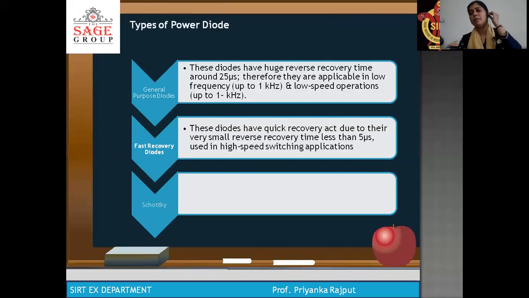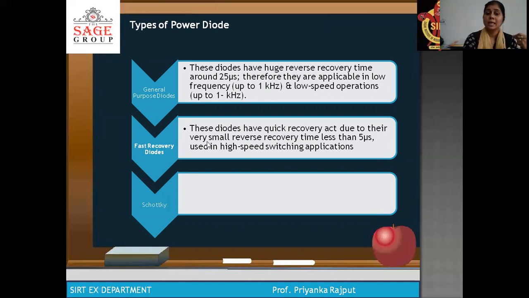Now, types of power diodes. Power diodes mainly have three types: general purpose diode, fast recovery diode, and the last one, the Schottky diode. The general purpose diode is used for low speed applications, up to 1 kilohertz, and for low frequency applications, and its recovery time is much longer compared to fast recovery diodes. Fast recovery diodes are used for high speed applications.